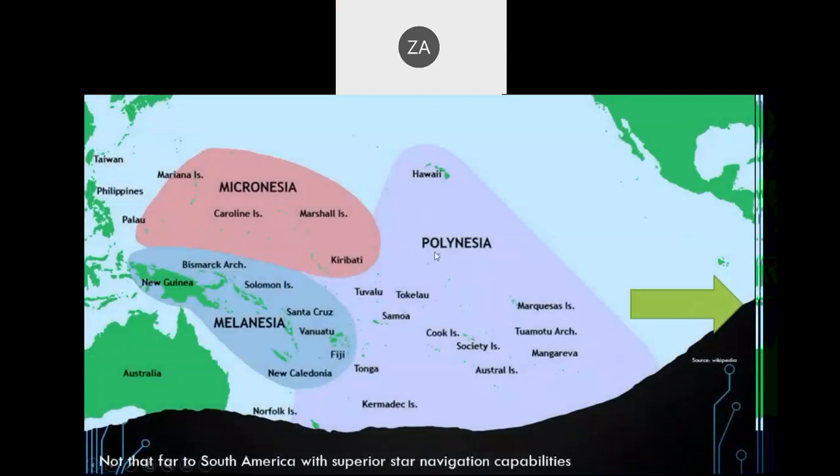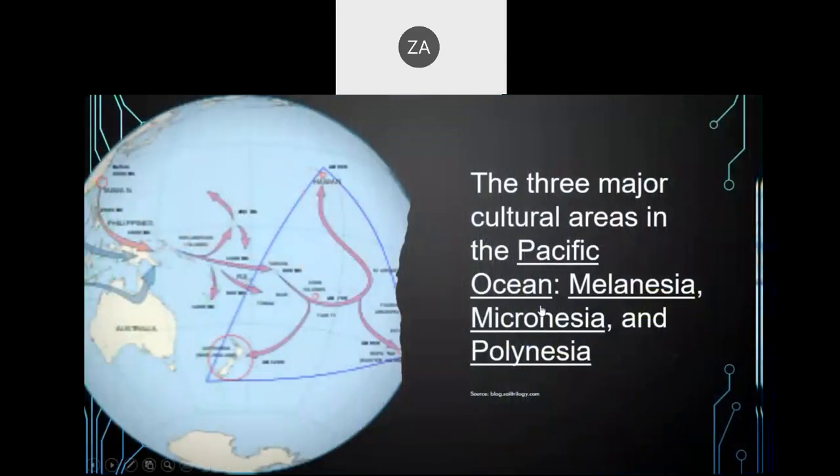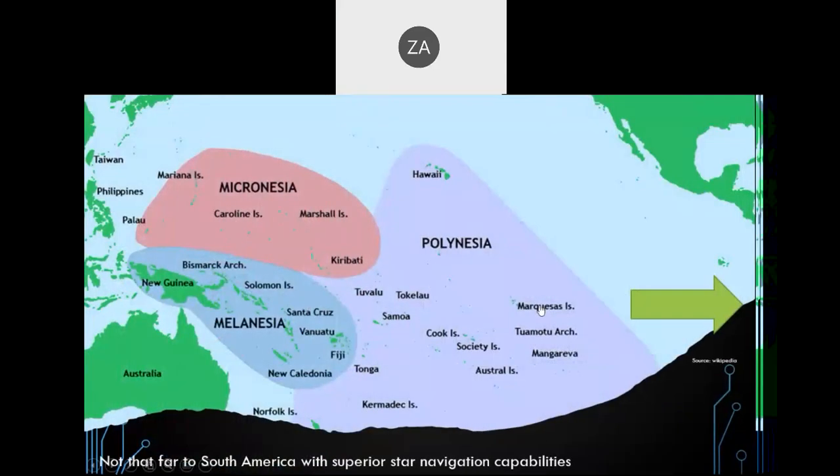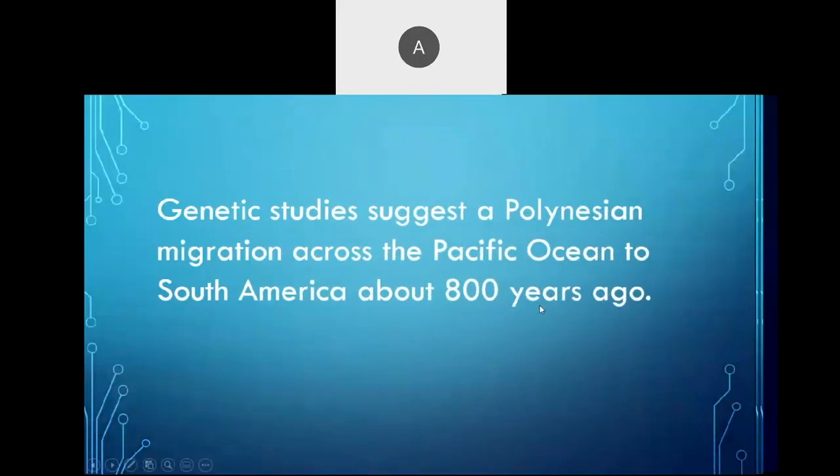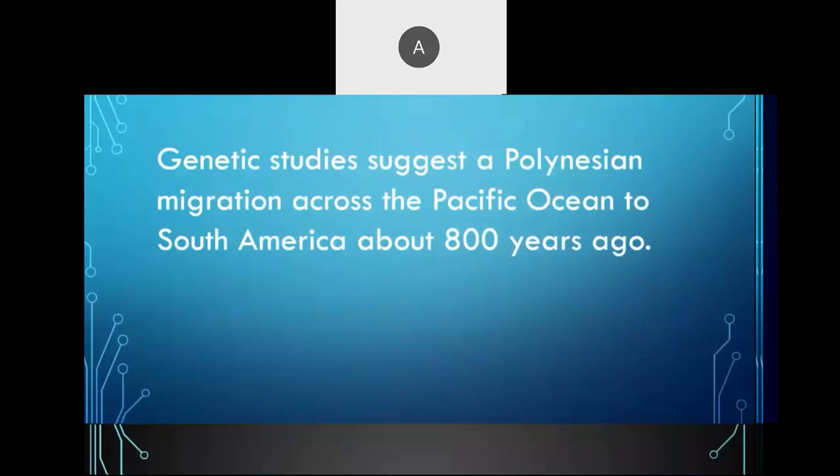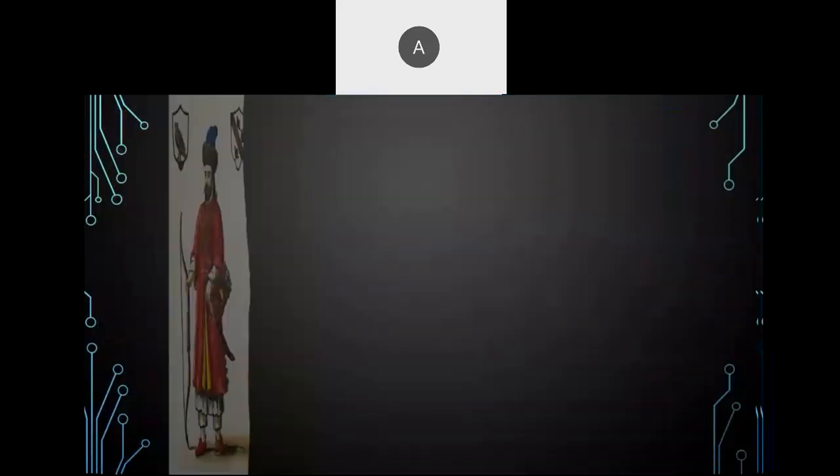So there were people from Polynesia who followed that green arrow over to South America, and genetic analysis is showing that the people in South America can be traced back to Polynesian ancestry. So trade, global finance, has been going on for many hundreds of years.